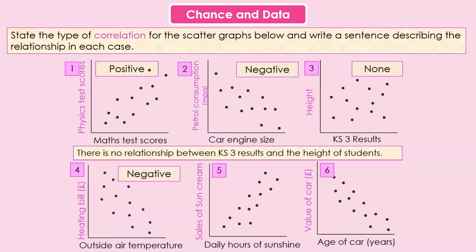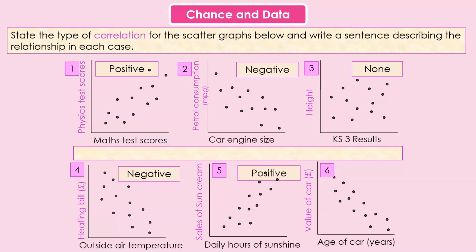So question 4 is negative, the outside temperature and the heating bill. If the temperature is up, it means the heating bill will be less, so that makes sense. Number 5, sunshine hours and sales of sunscreen.